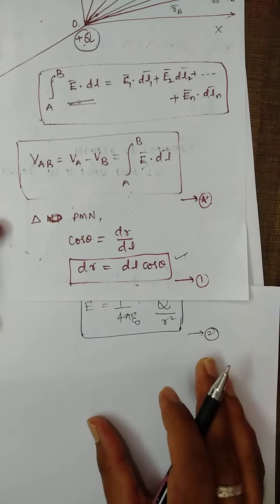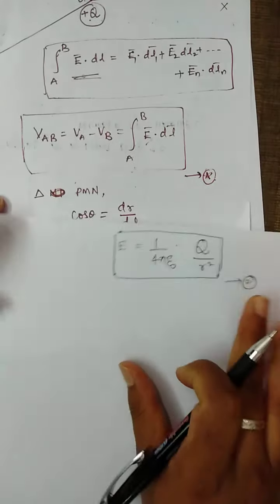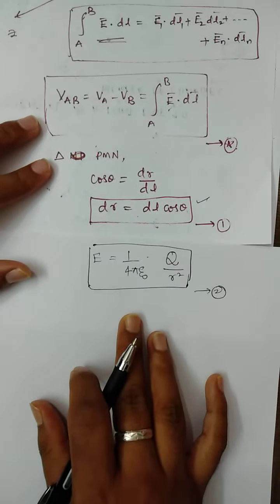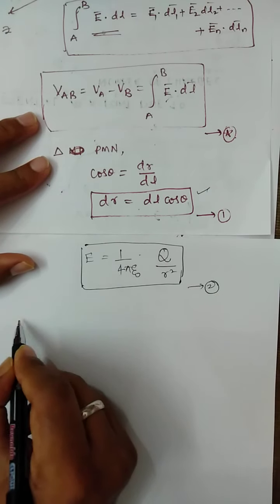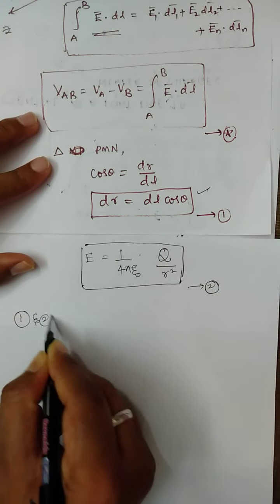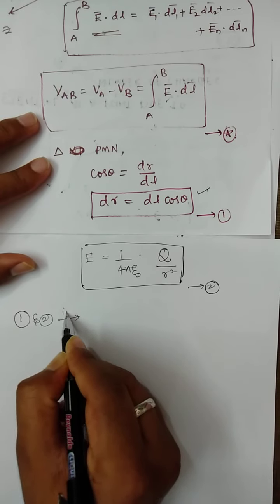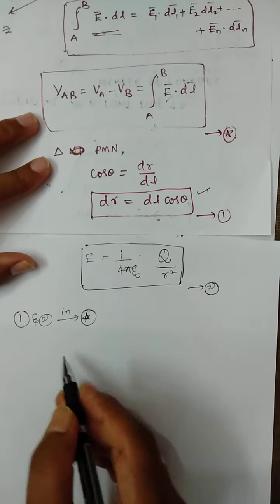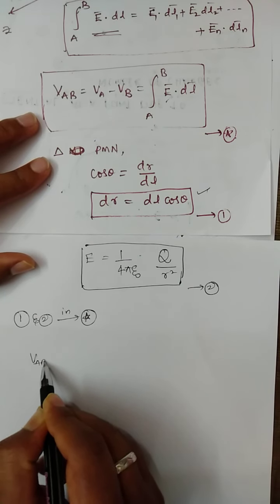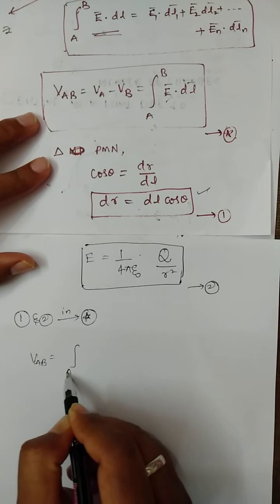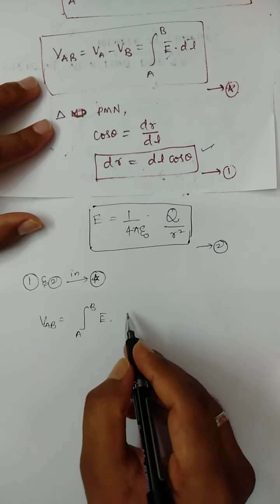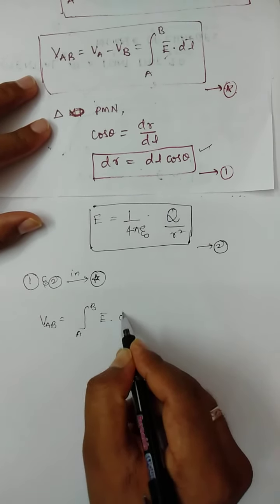So now what I wanted to do is take equation 1 and 2 and substitute them in equation star, which is VAB is nothing but the integration A to B of E bar dot dl bar.